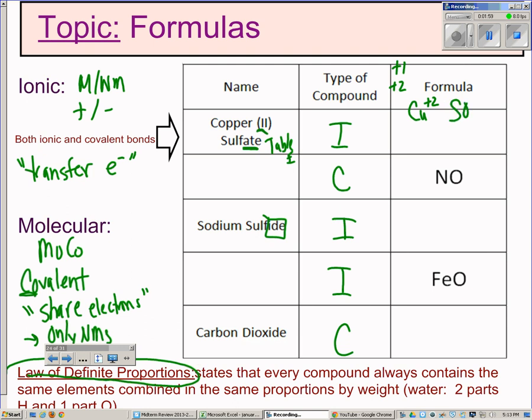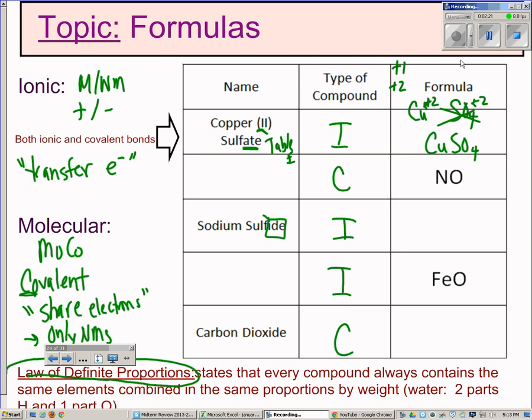Then sulfate, if you look on table E, is SO4 with a -2 charge. Cross out the charges, crisscross the numbers, and you'll notice that 2 to 2 ratio is not in lowest terms. Because this is an ionic compound, we need to reduce, so we realize that our formula is CuSO4.